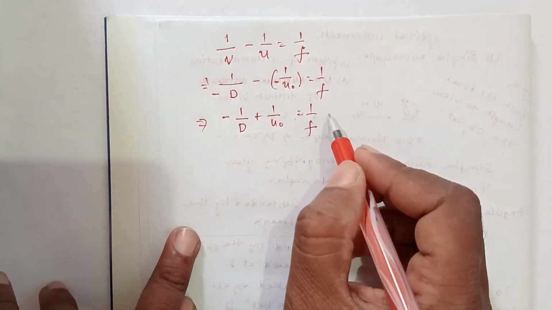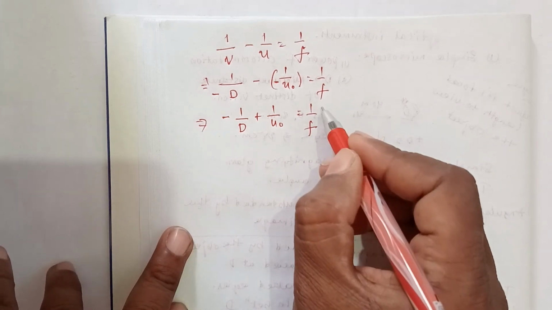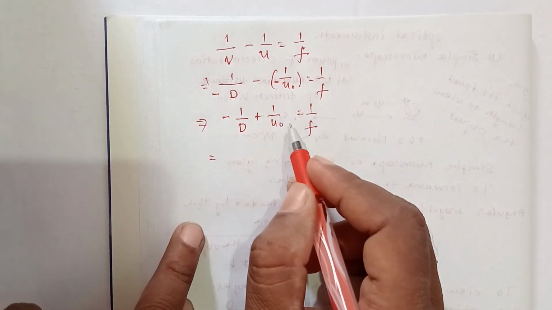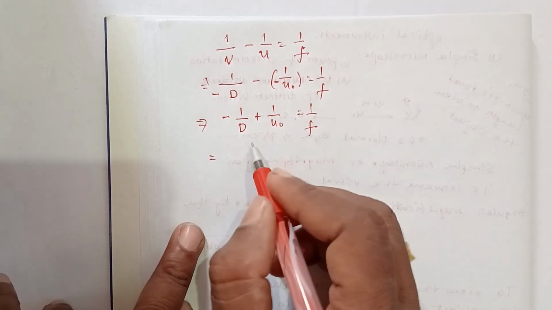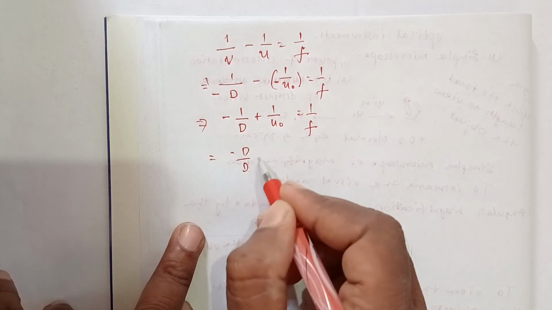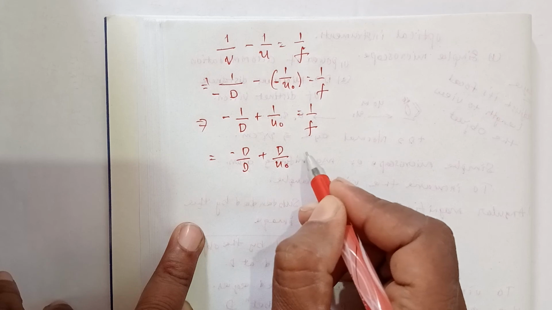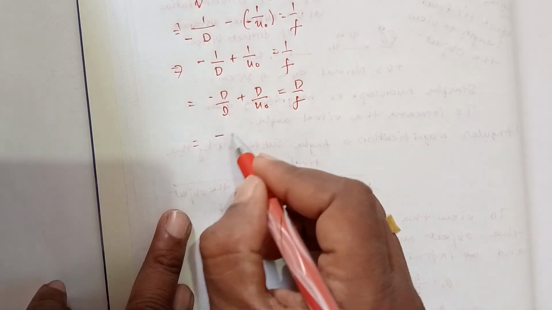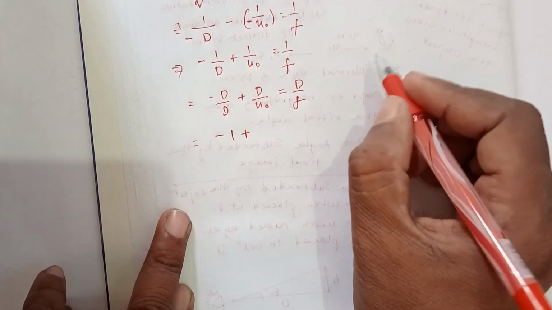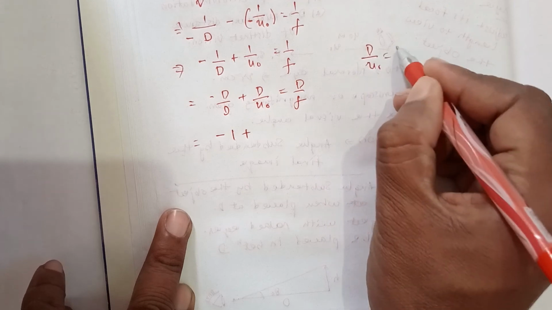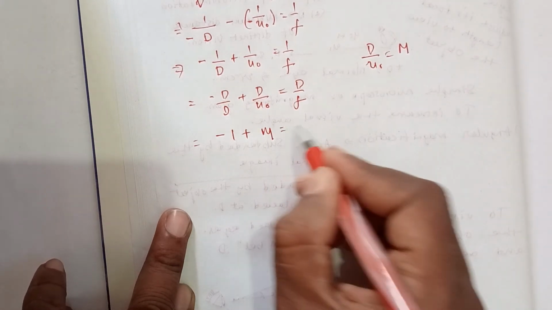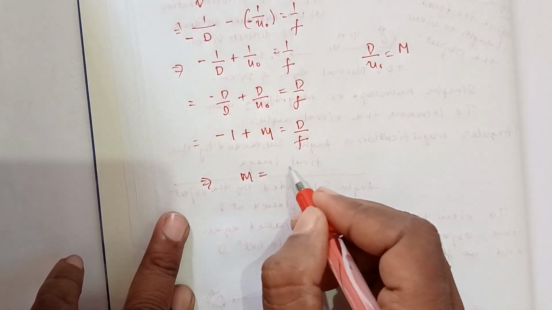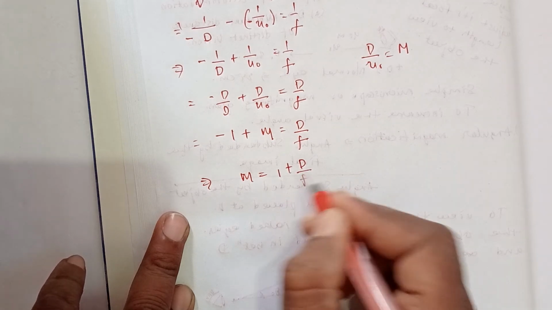For the proper equation, we have to divide by D throughout, that is D by D plus D by u naught is equal to D by f, that is minus 1 plus D by u naught, and D by u naught is M, so we get M is equal to 1 plus D by f.